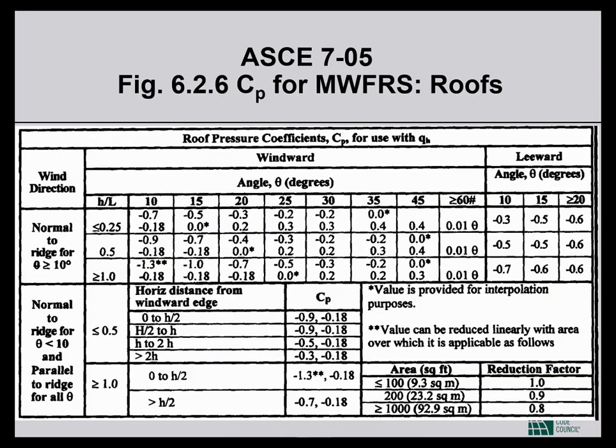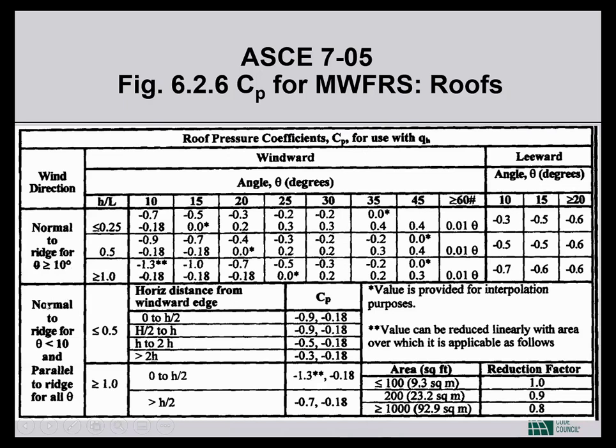For the roof, it is a little more complicated. Roof pressure or suction comes from this table. This is the pitch of the roof, the angle of the roof. This is the windward roof. This is the leeward roof. Wind normal to the ridge for the steeper roofs, theta larger than or equal to 10 degrees.